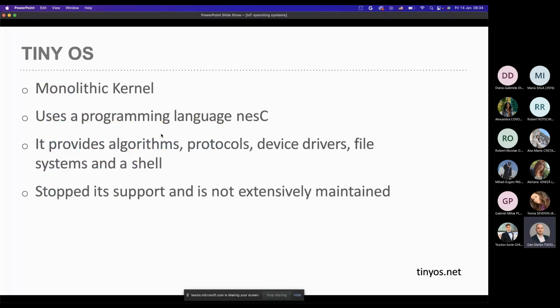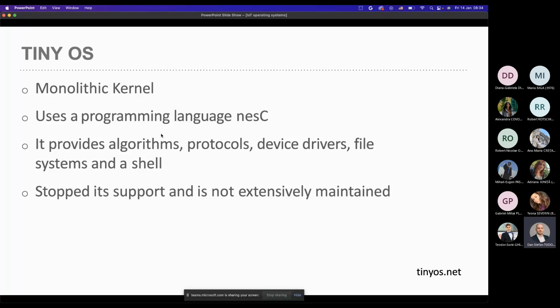It's been very popular, especially at the beginning of the 2000s, in developing IoT applications. And it's been one of the first operating systems that has been developed for IoT applications, even before IoT was a thing, so to speak. So it was actually an established name for these applications.